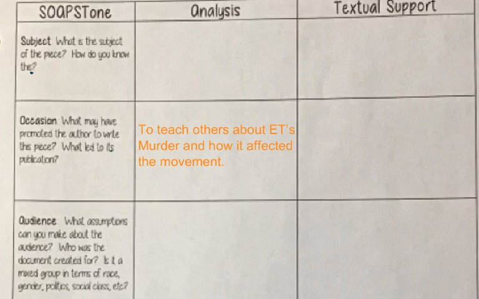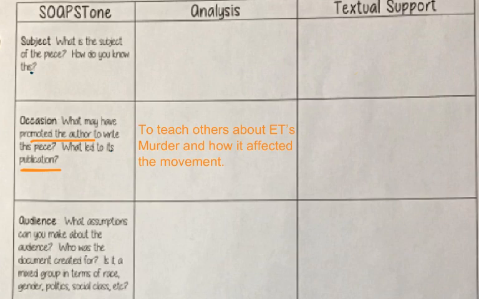I just abbreviate Emmett Till's name, E.T., so that I don't have to keep writing it out all the time. So I feel what prompted the publication of this article, why did the author write it? I think it was to teach people and to help people understand how it affected the movement, because his death has a great impact on the movement.